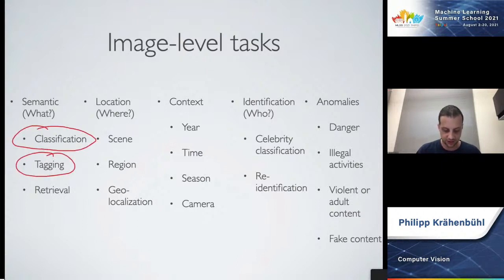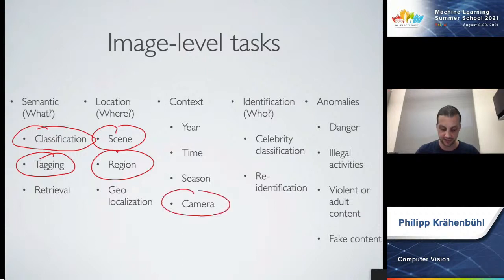Scene classification, even region classification might be part of it. If you want to figure out what camera a picture was taken off, that's a classification problem. Figuring out if there is a specific celebrity in the picture, that's classification. Danger, illegal activities, or violent content can also be phrased as classification.